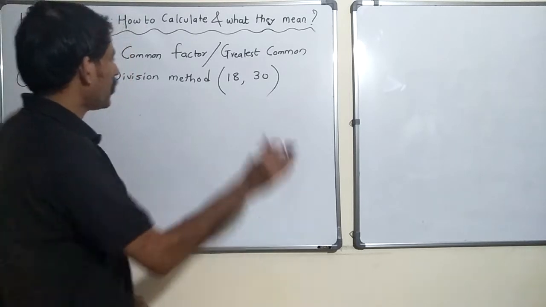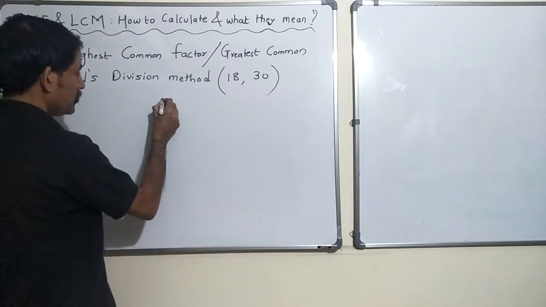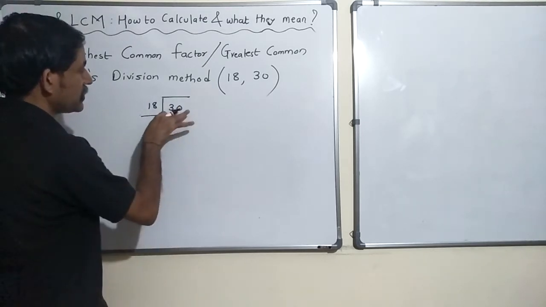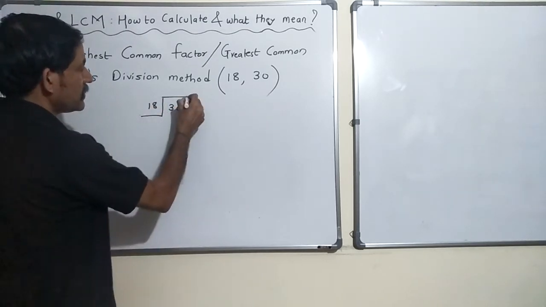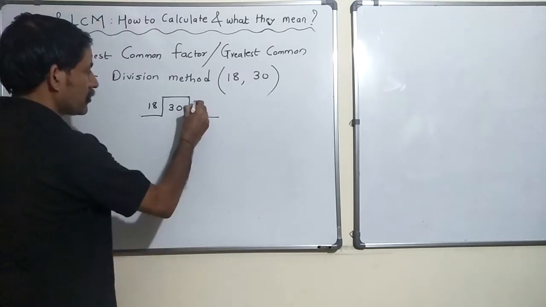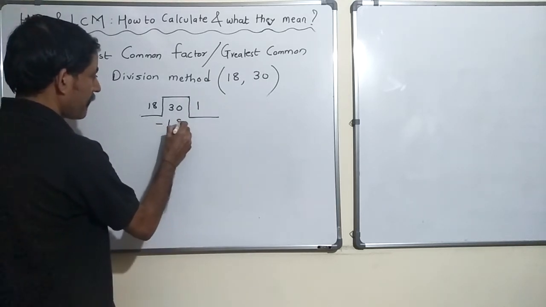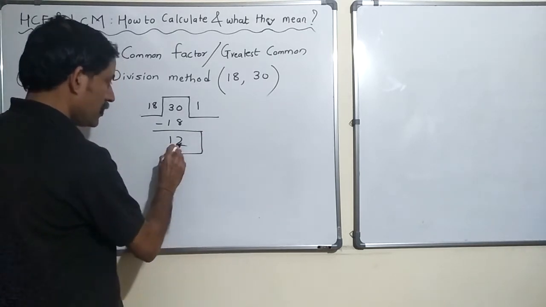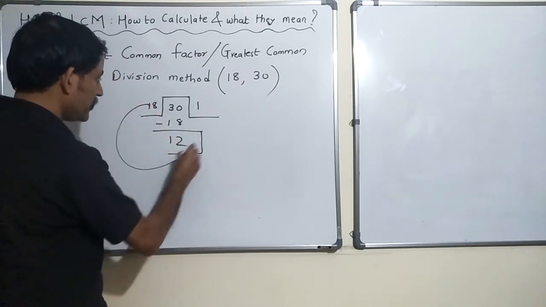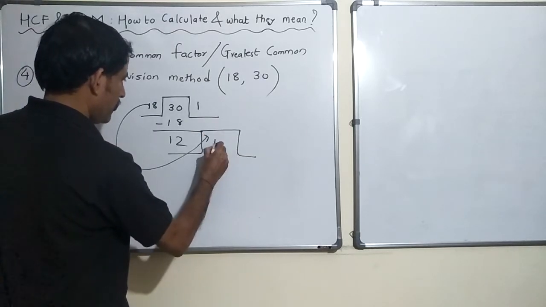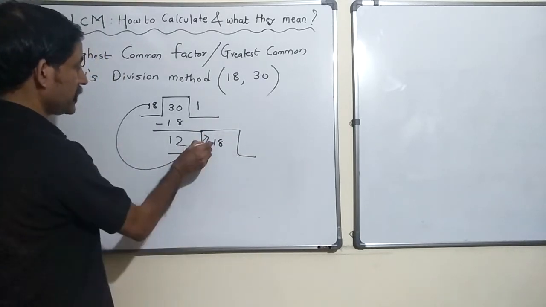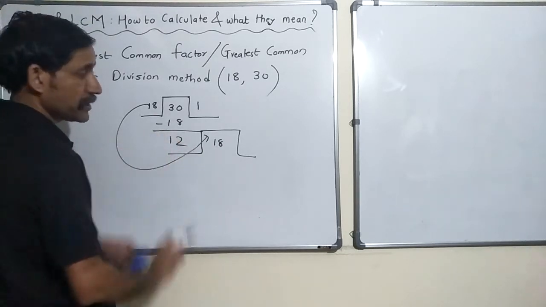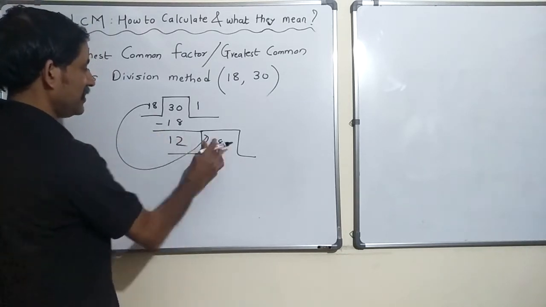What this method is about is you divide the bigger number by the smaller number. So this is the dividend, this is the divisor. Find out the quotient. 18 ones are 18, you get 12. Now this becomes the new dividend, and the remainder becomes the new divisor. So let's do the same thing.